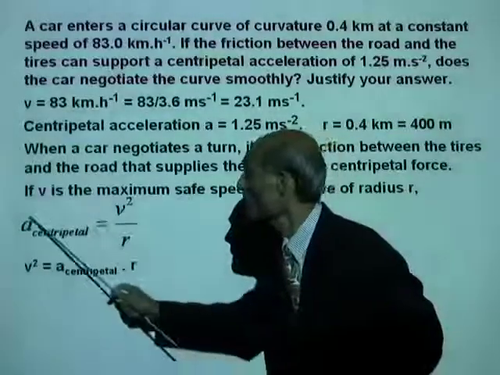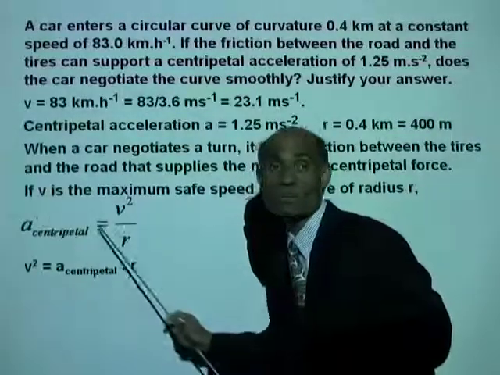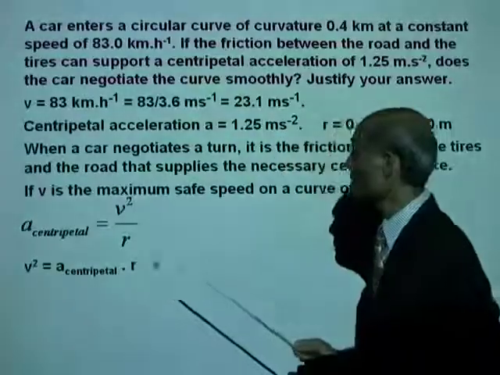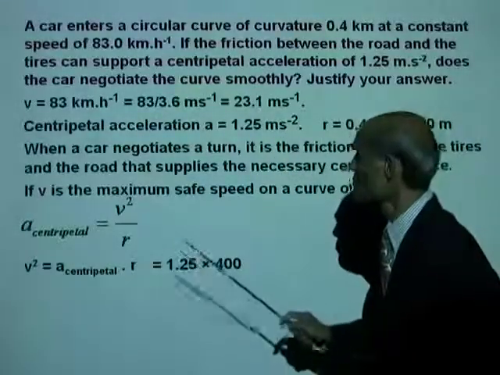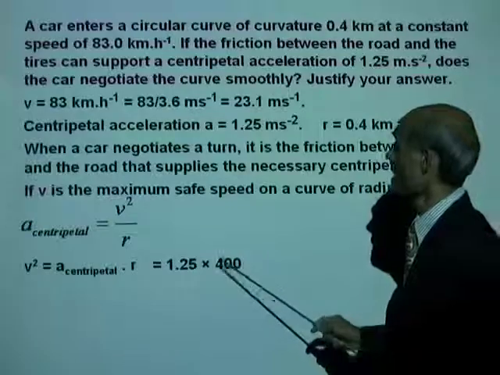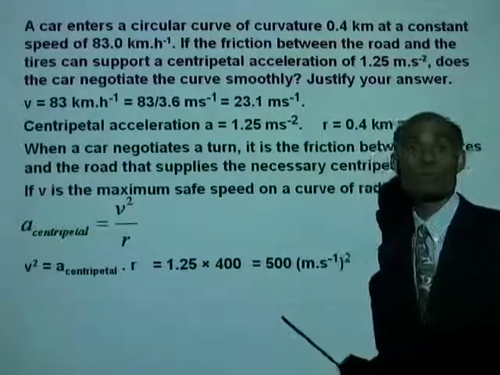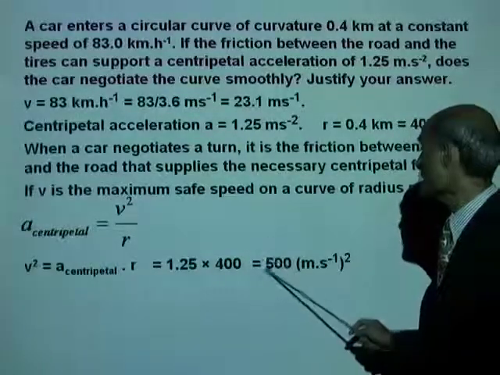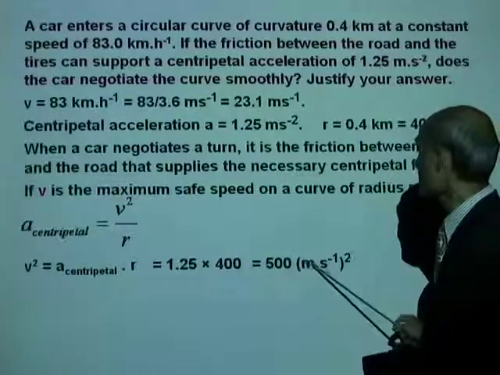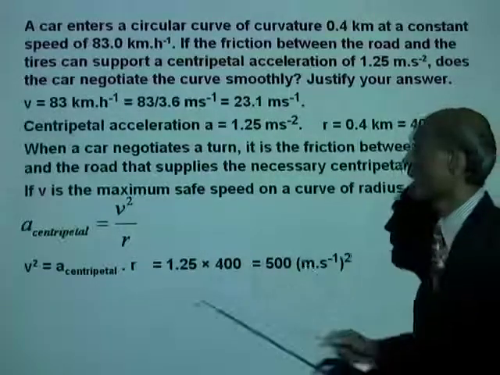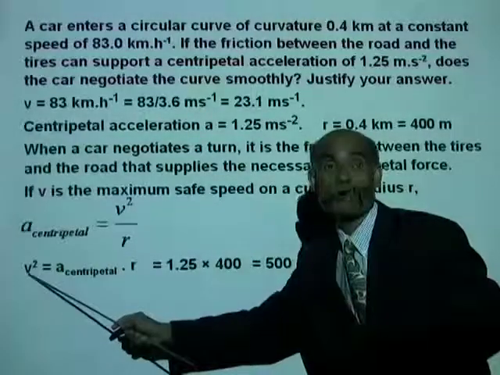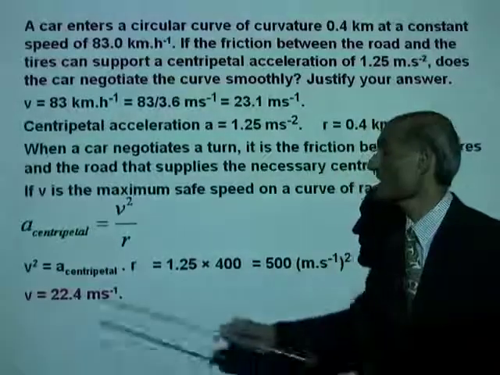Therefore, v squared is the acceleration multiplied by the radius. The acceleration is 1.25 and the radius is 400 meters. And that is 500 meter per second squared. That is v squared. Therefore, what is v?